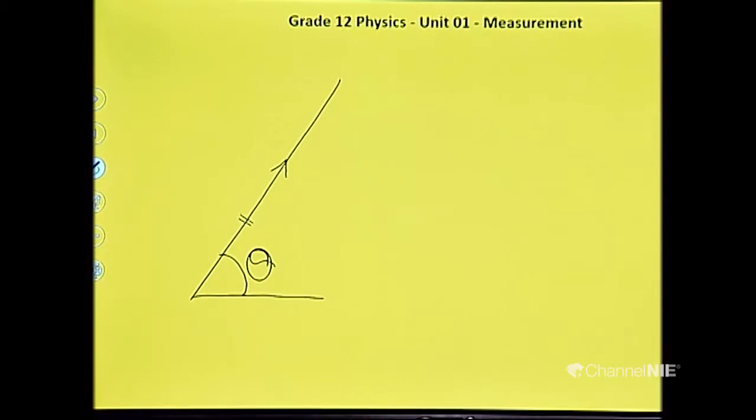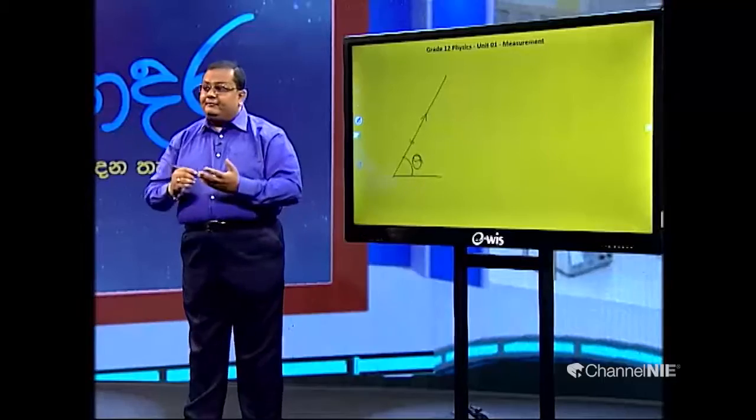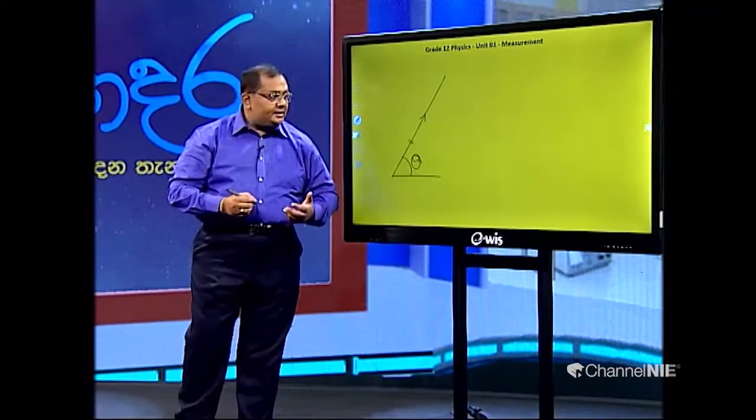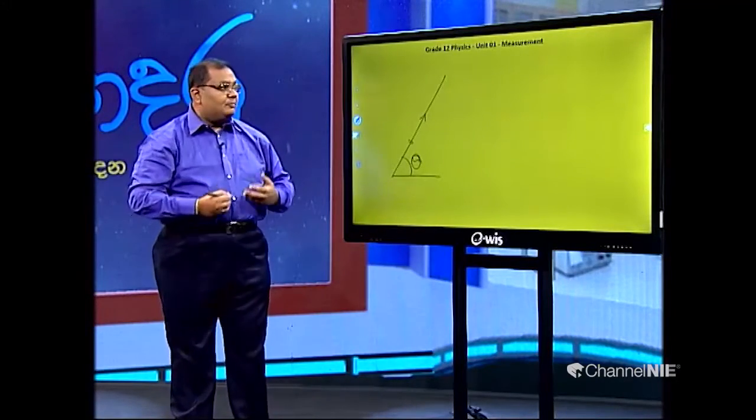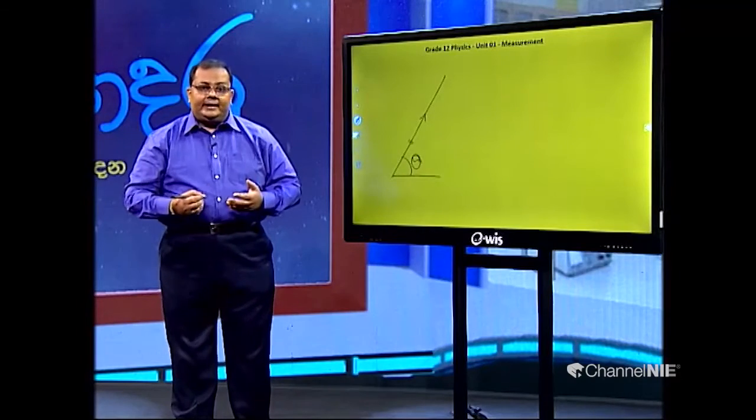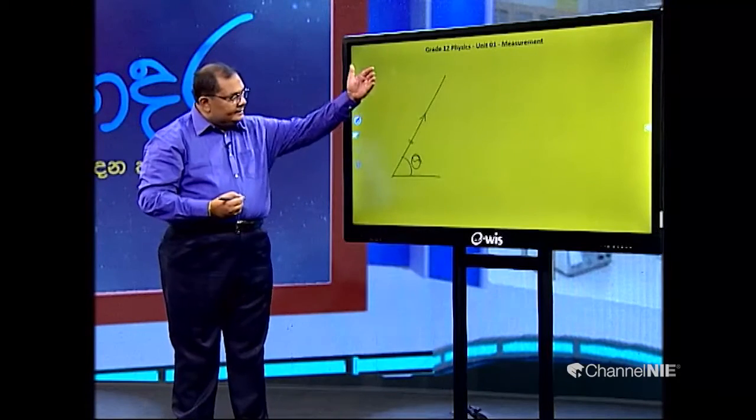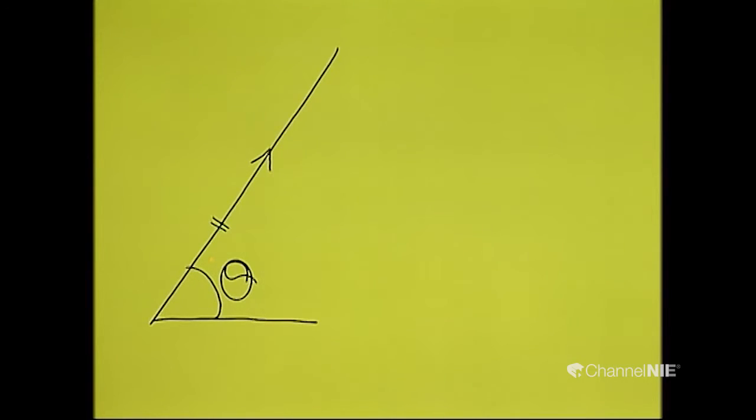Any vector, it can be displacement, force, acceleration, velocity, or momentum, whatever the vector, you can represent by this kind of straight line which has magnitude and direction.